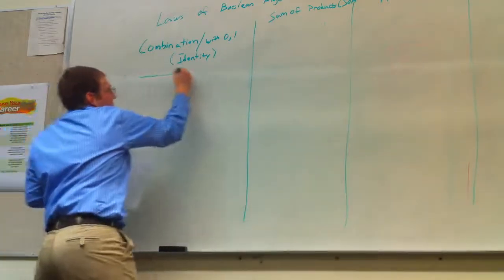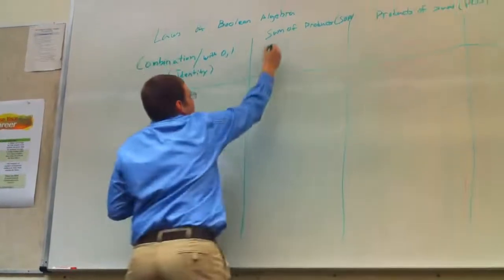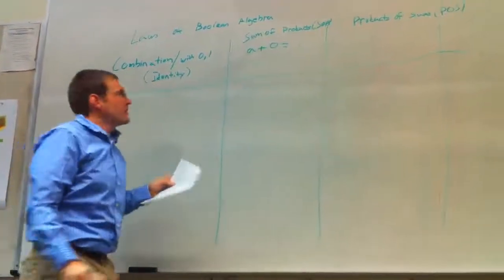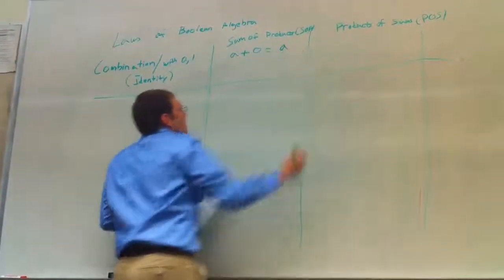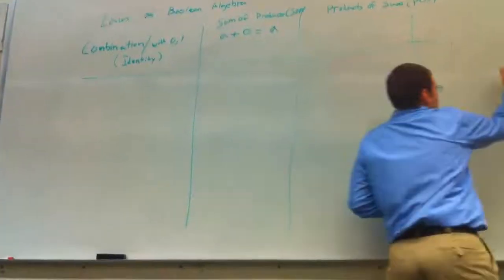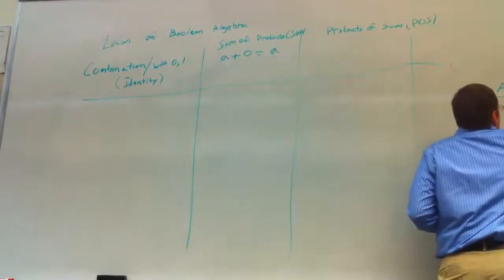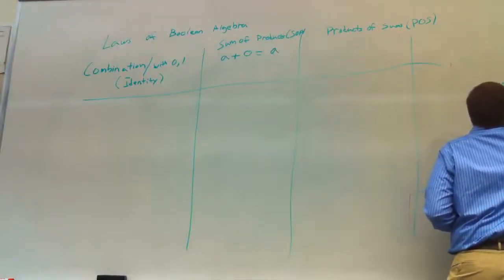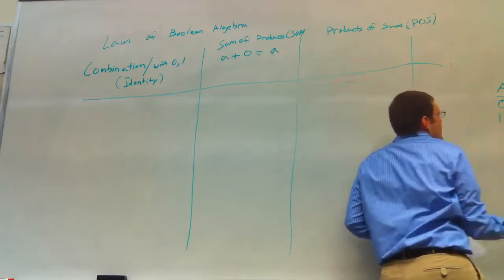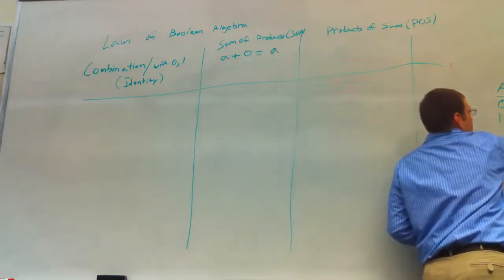So the first law in sum of products form is that A ORed with 0, no matter what, equals A. If I do the truth table, 0 OR 0, 0 OR 1, so no matter what, we get 0, 1.